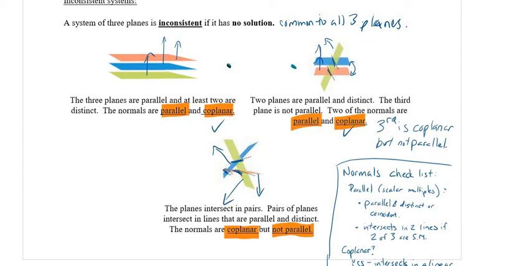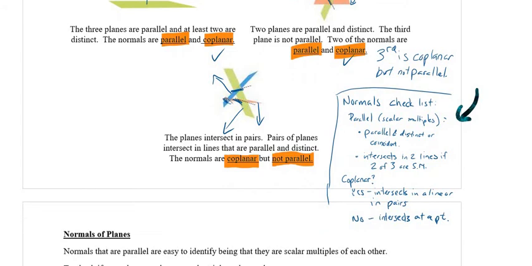So to summarize, first thing you're going to do always is check the scalar multiples of your normals, and then you can figure out from those first three options if they're parallel, distinct, or coincident, or if it intersects in two lines, if two of them are scalar multiples and the other is not. And then we just need to take a look and see if they're coplanar. If they are coplanar, then it's going to intersect in a single line or in pairs like that last example.